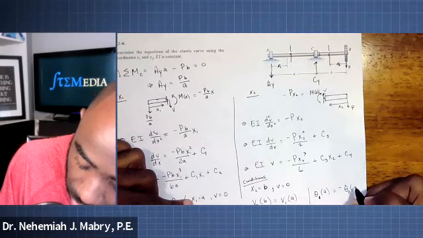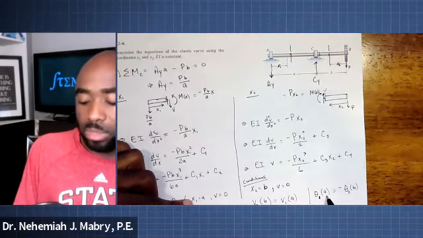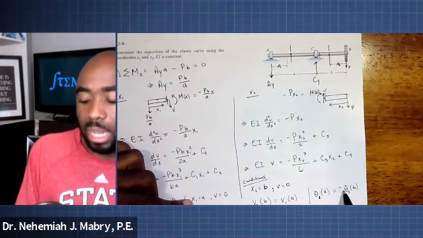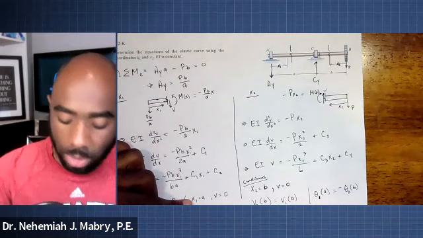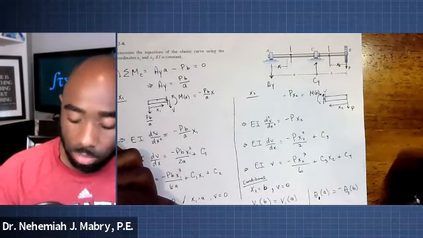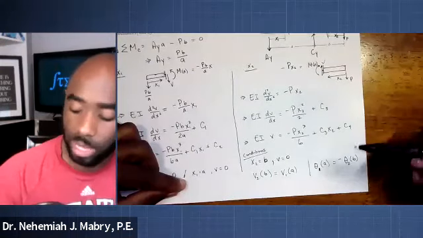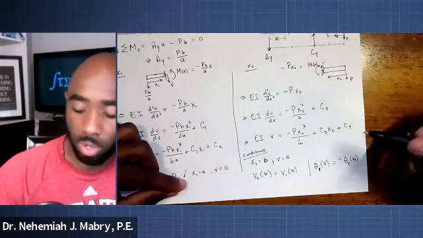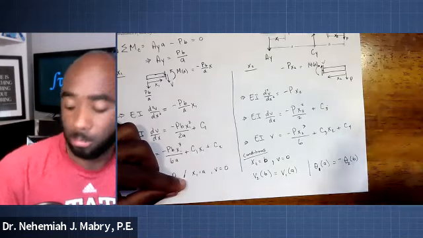So theta 1, when x1 is equal to a, is equal to the negative of theta 2 when x2 is equal to b. Keep that in mind when it comes to setting these equivalents with the slope. All right, so these are some conditions that we want to keep in mind as we now prepare to solve for these constants, C3 and C4.